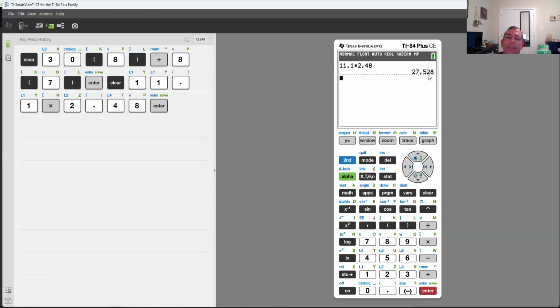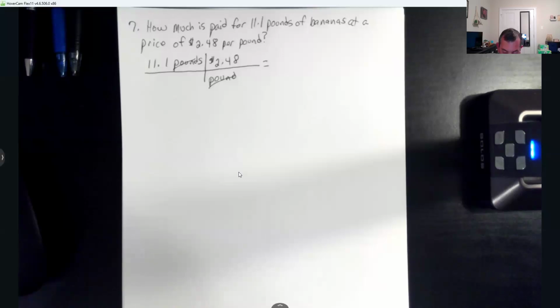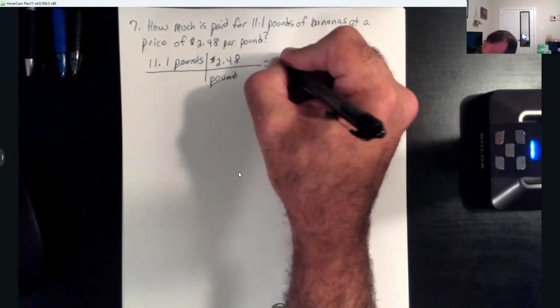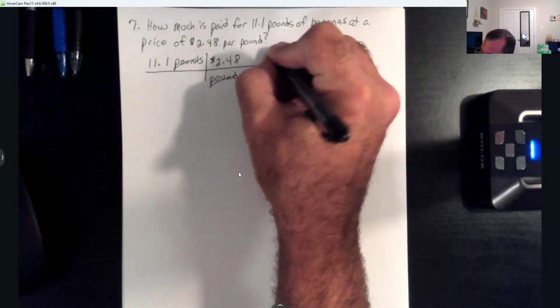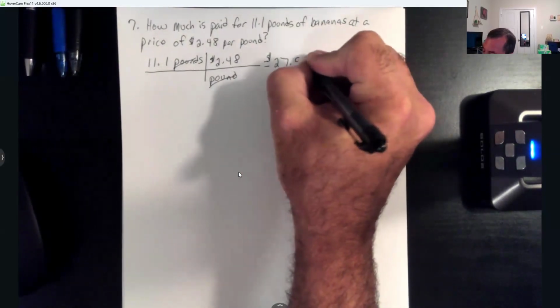Oh yeah, so since there was an 8 after the 2, y'all remember that rounds that 2 up to a 3. They'll say round to the nearest cent, okay? So y'all, that would be 27 and then 53.